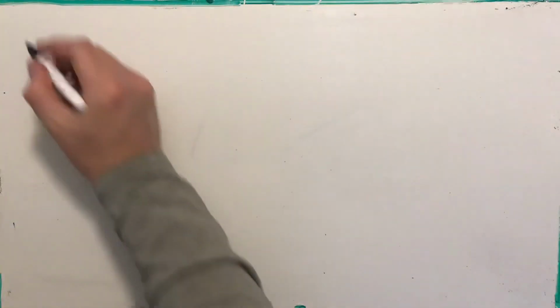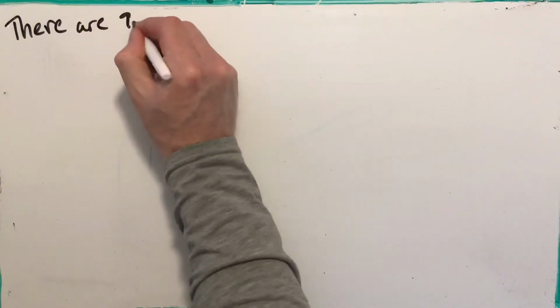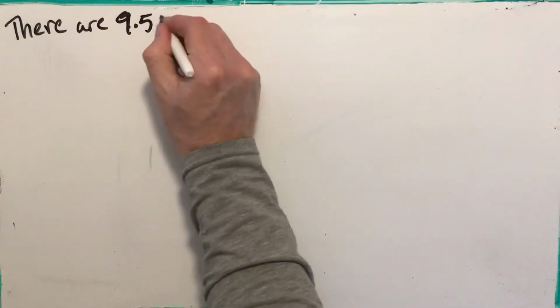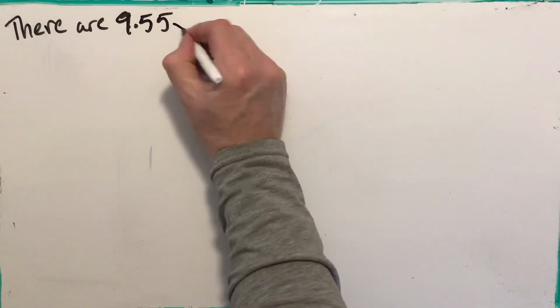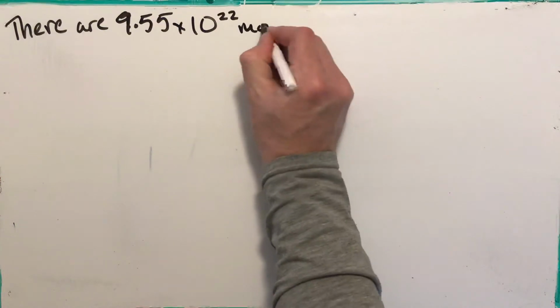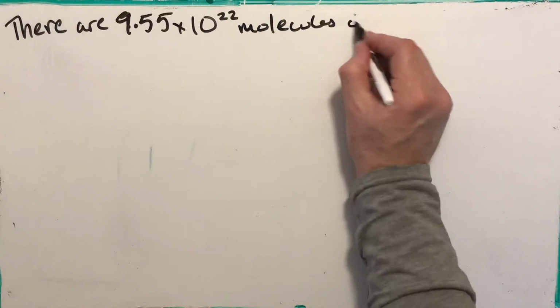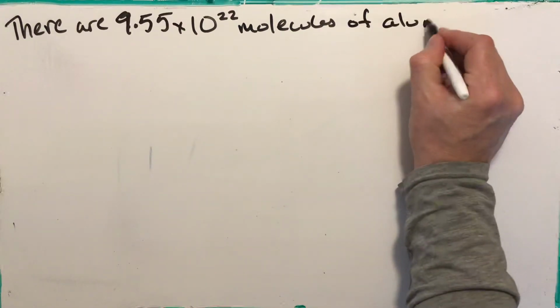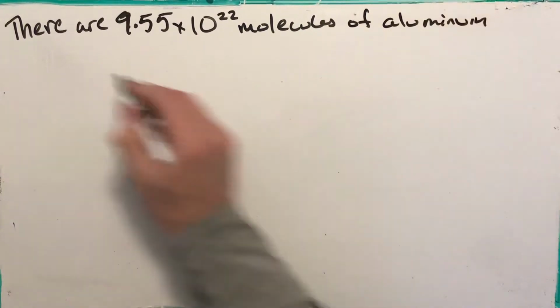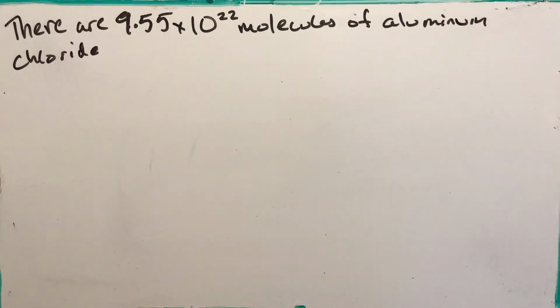All right, our second problem, I'll write it in black here. There are 9.55 times 10 to the 22 molecules of aluminum chloride in a beaker.